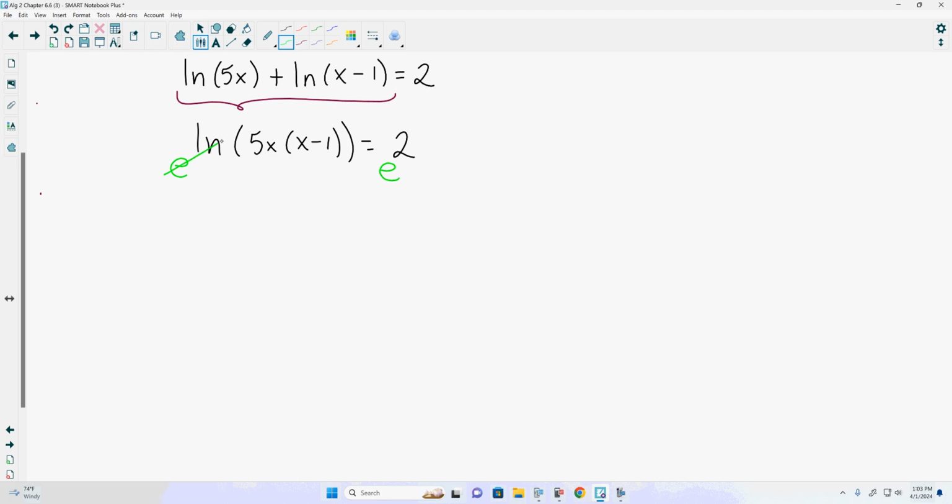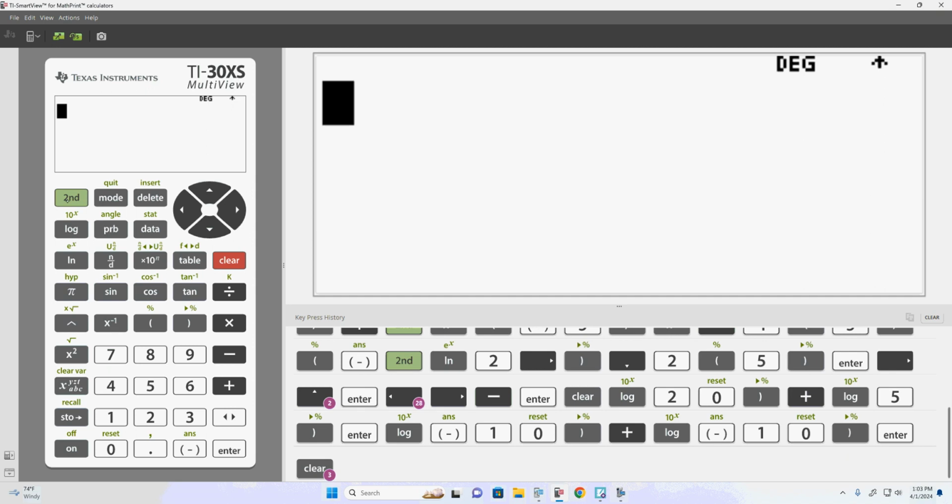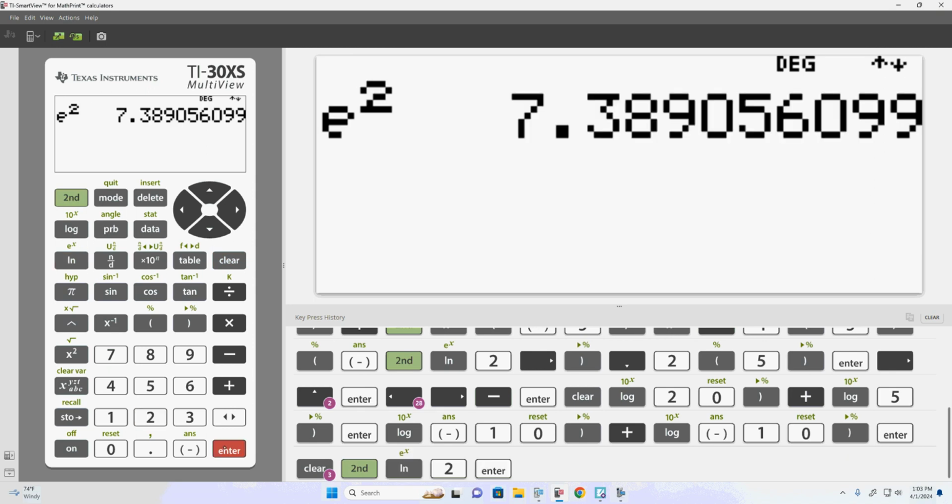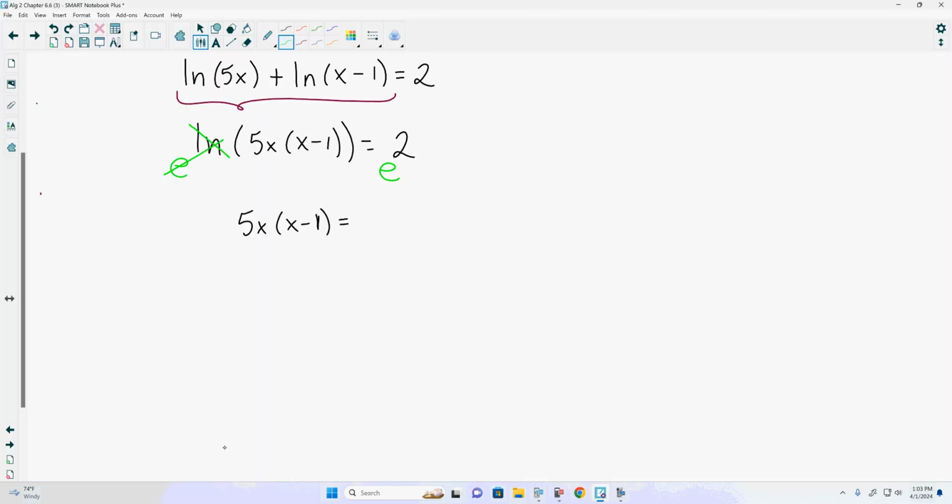Now, e and our ln will cancel, leaving us with 5x times x minus 1. e to the second power would be what? Is that a nice number? So we're going to leave it as e squared for now.